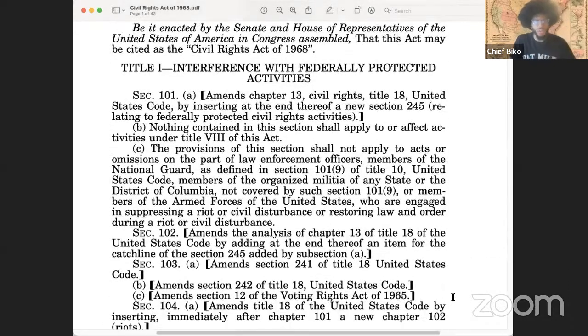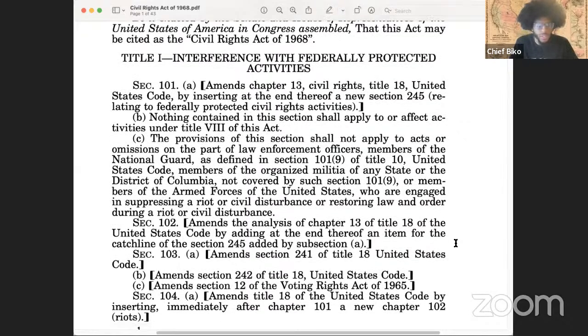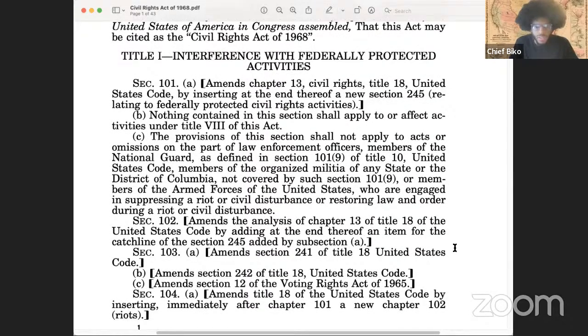So we have Title I here, interference with federally protected activities. Section 101 amends Chapter 12, Civil Rights, Title 18, United States Code, by inserting at the end thereof a new section 245 relating to federally protected civil rights activities. Nothing contained in this section shall apply to or affect activities under Title 8 of this Act.